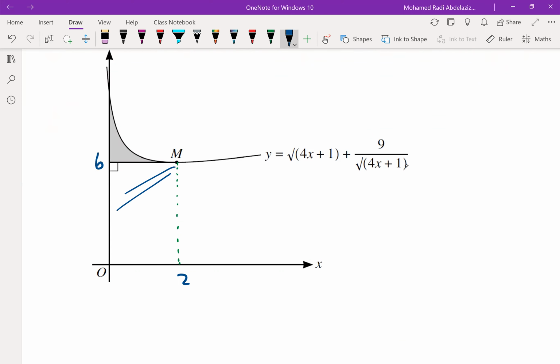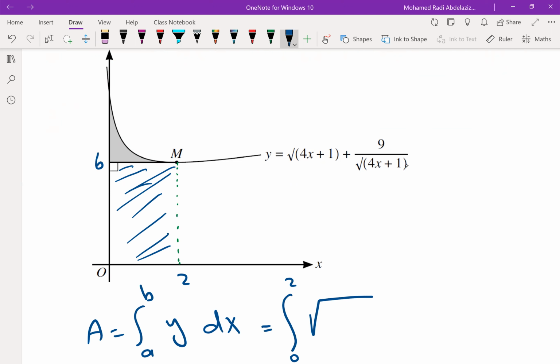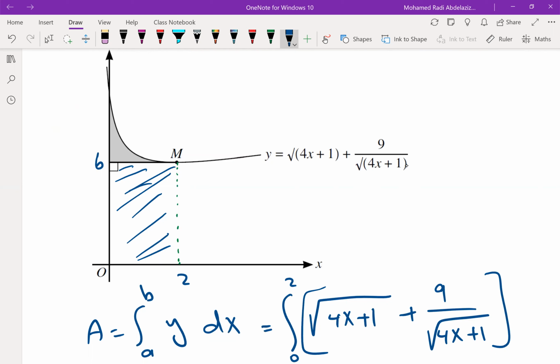The area under the curve and the x-axis from a to b is the integral of y dx. So you can integrate from 0 to 2 the equation of the curve, square root of 4x plus 1 plus 9 divided by square root of 4x plus 1, all by dx.